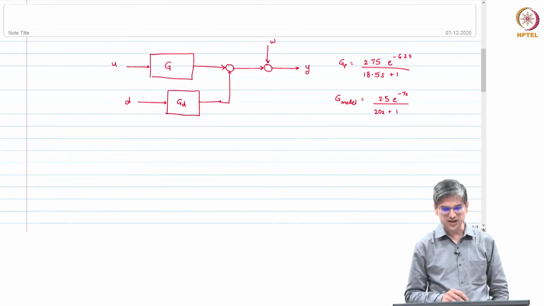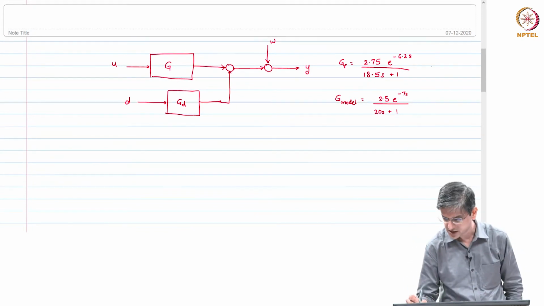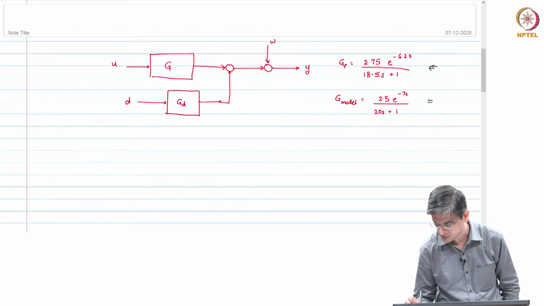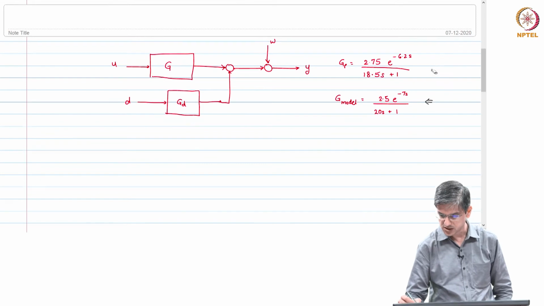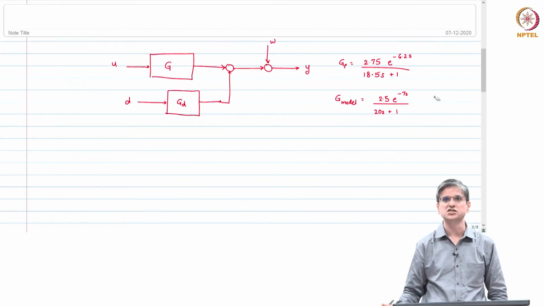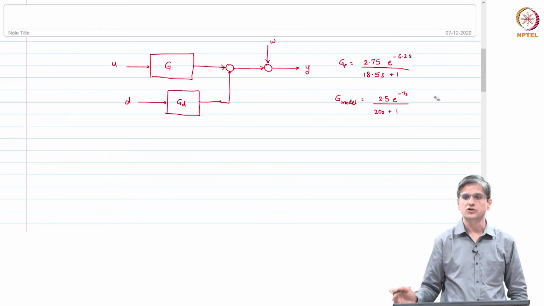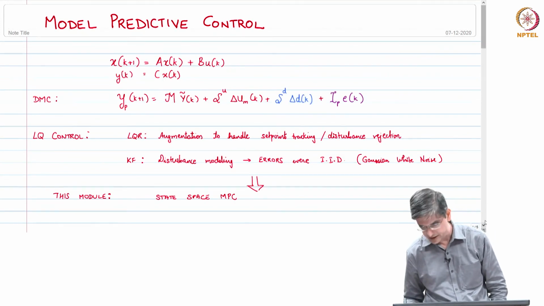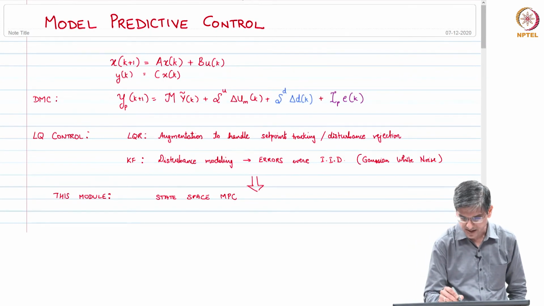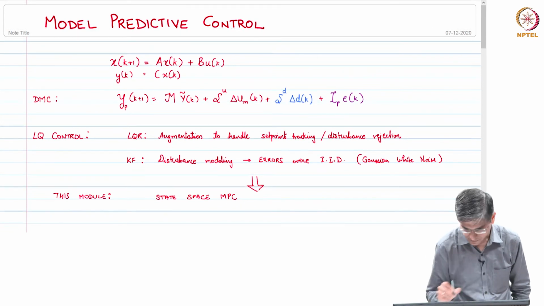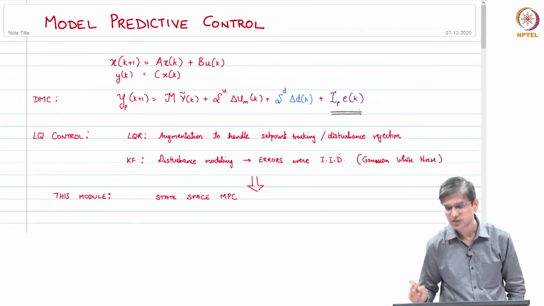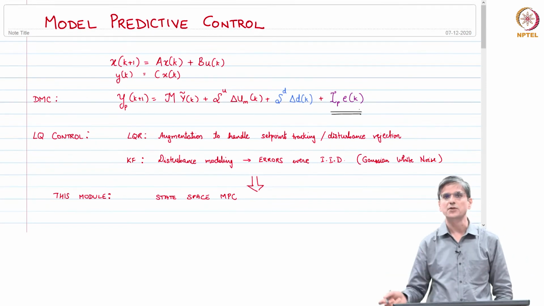So, if you took the step response of the first and compared it with the step response of the second, you will see that the two step responses are different, the two model predictions are going to be different, and therefore, we had this error term IP multiplied by e(k) that we added in order to do the bias correction.